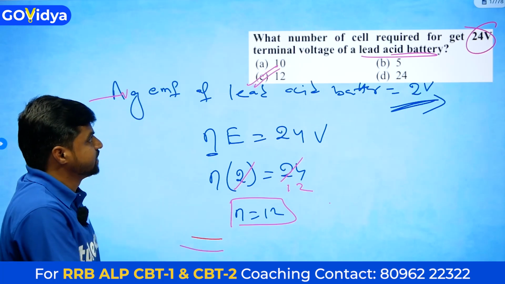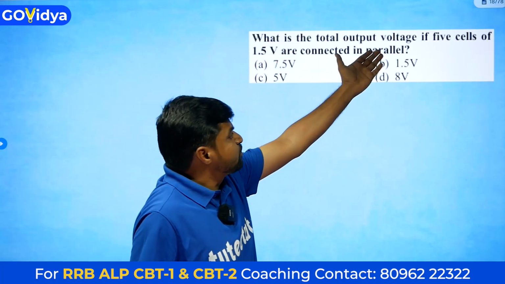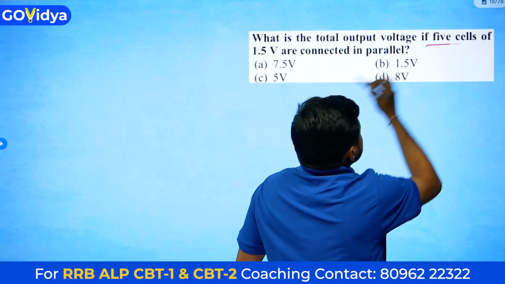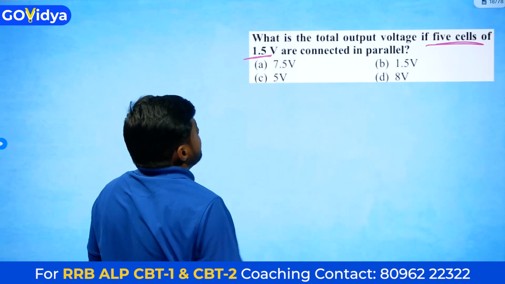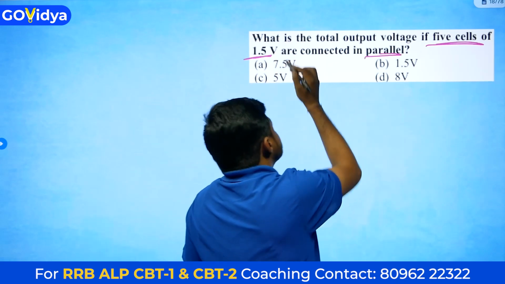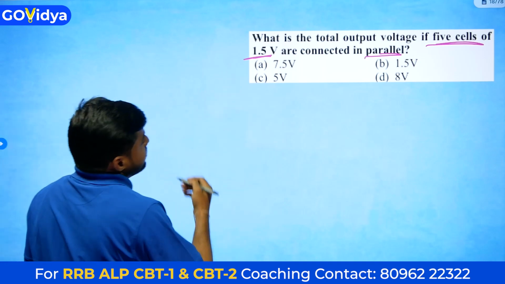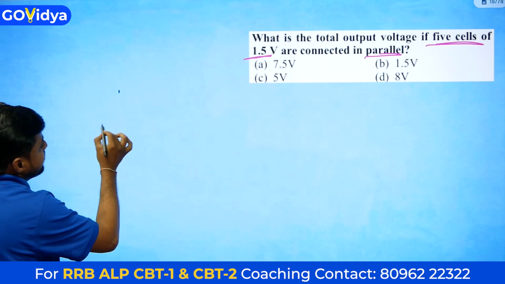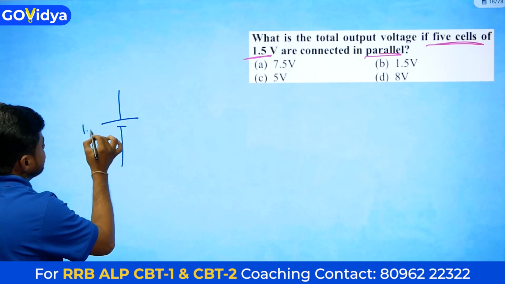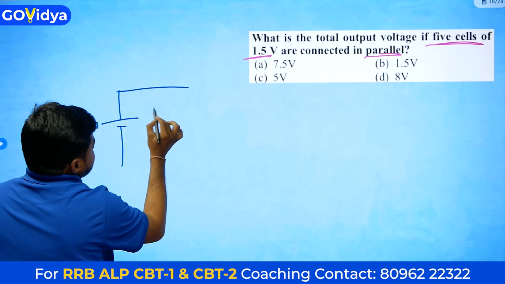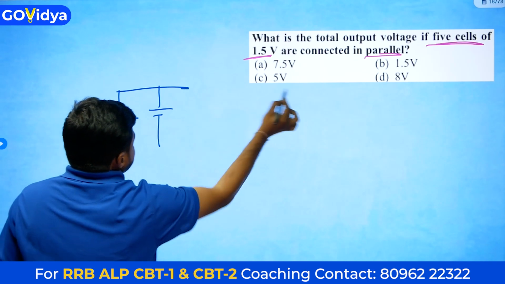Next question. What is the output voltage if 5 cells of 1.5 volts are connected in parallel? 5 cells, each having 1.5 volts, are connected in parallel. The resultant output voltage is 1.5 volt. This is a 1.5 volt battery. Like this, 5 batteries are connected in parallel.